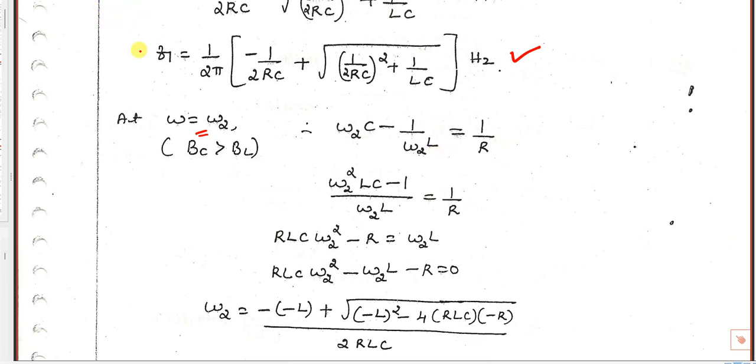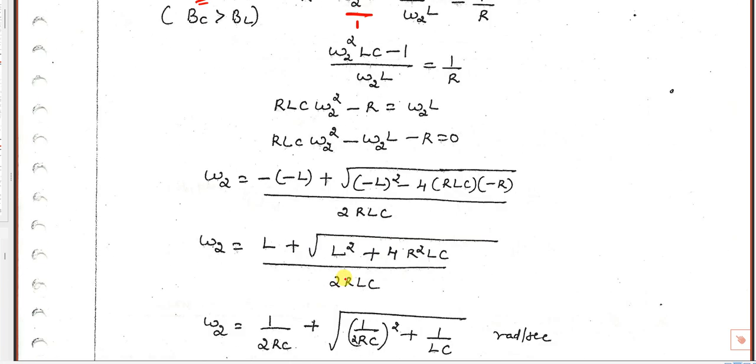Take LCM and calculate: omega 2 L, omega 2 square LC minus 1 by R, and again cross multiply: omega 2 square LCR minus omega 2 L minus R is equal to 0.